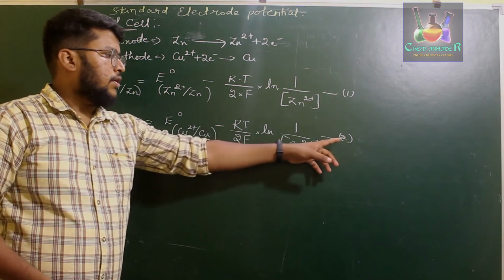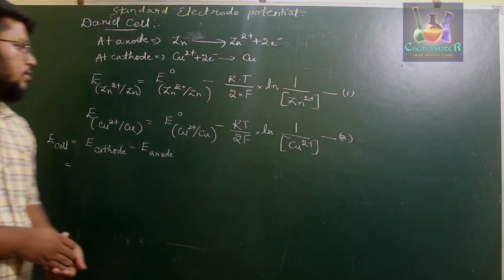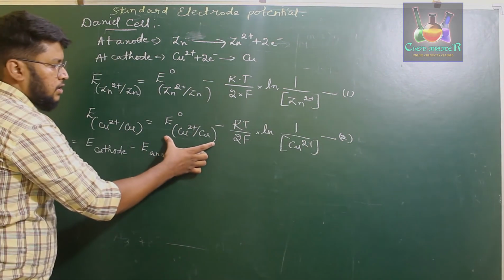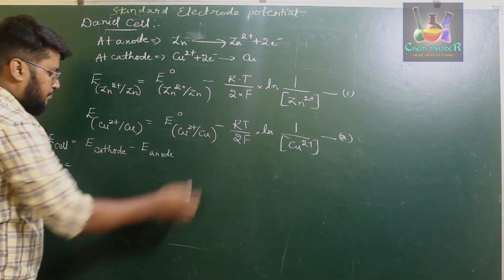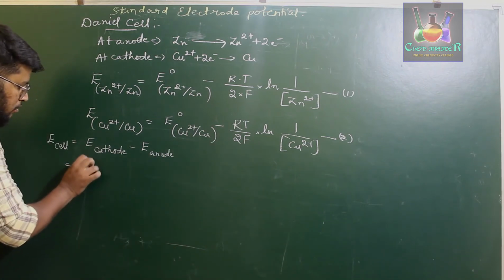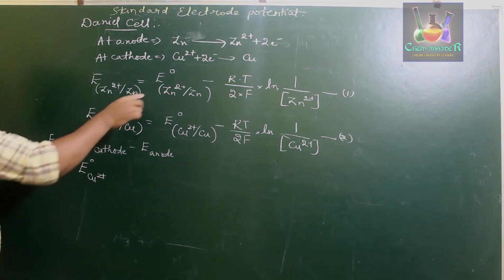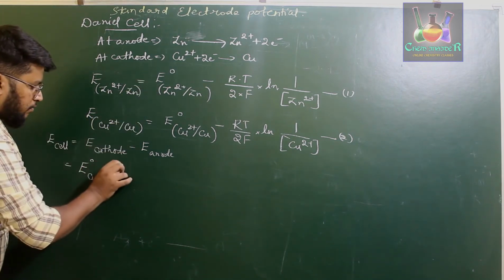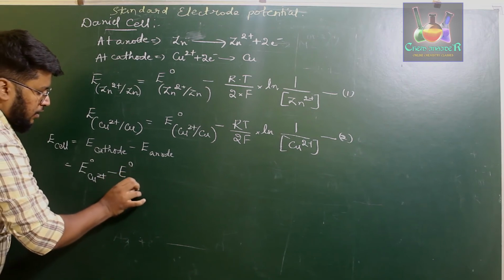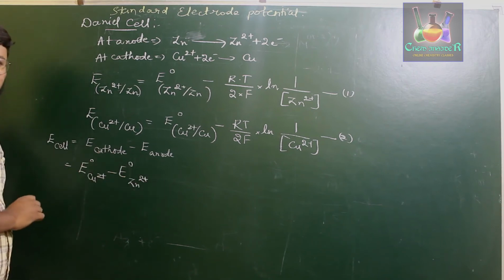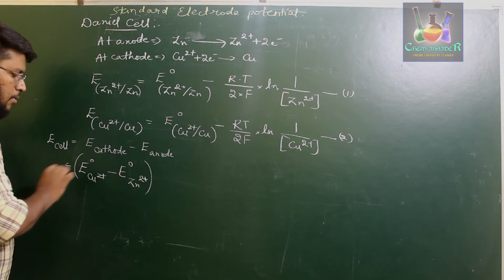First let us consider the E naught of Cu2+. I'm going to write E naught of Cu2+ minus E naught of Zn2+. Okay, so put a common bracket.